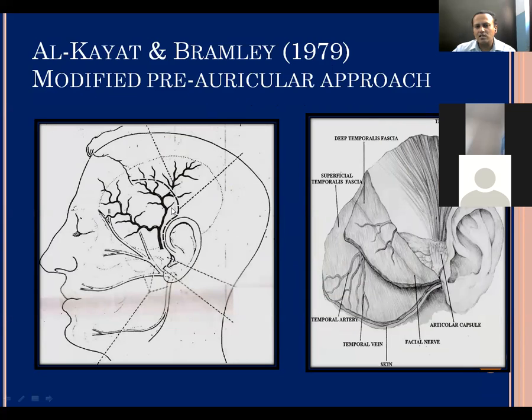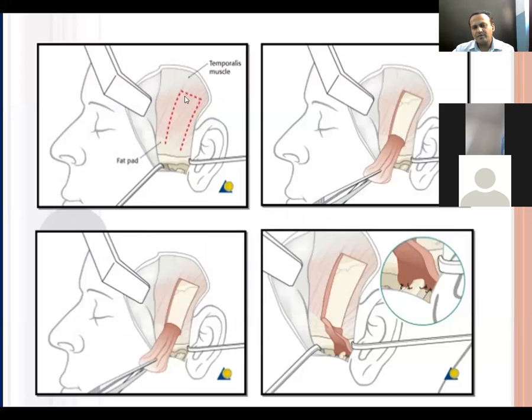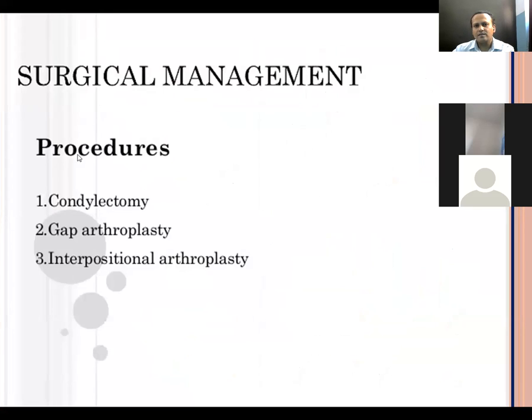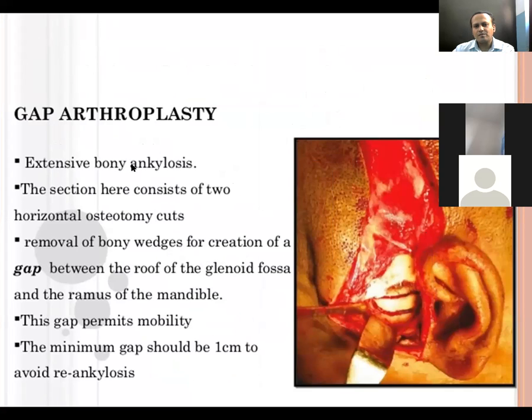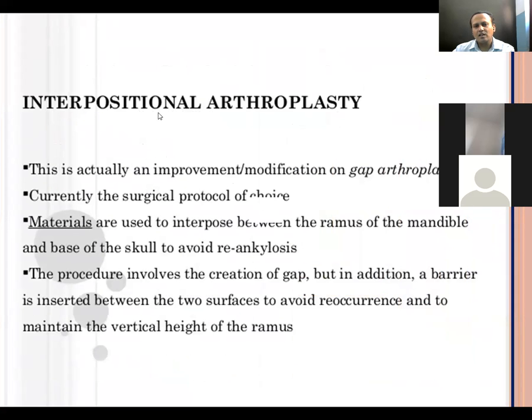Because through a single approach we can do gap arthroplasty as well as interpositional arthroplasty. We can position the material inside, in the resected surface. The temporalis muscle can be elevated, or muscle with fascia can be taken. Gap arthroplasty, interpositional: remember this in the management.